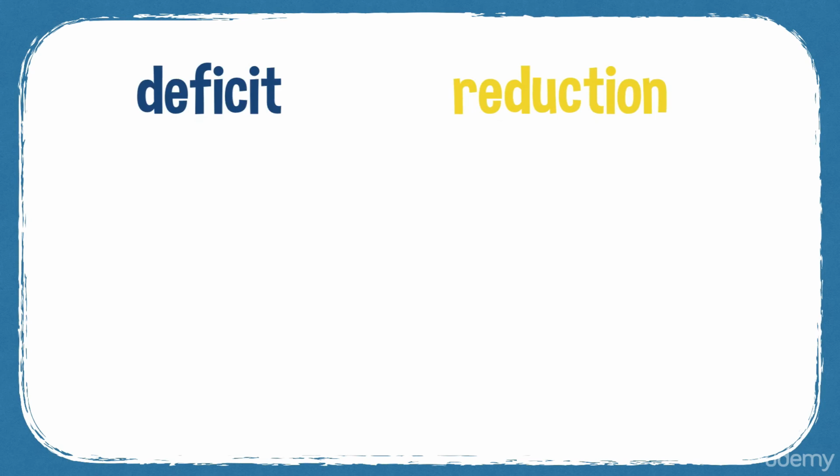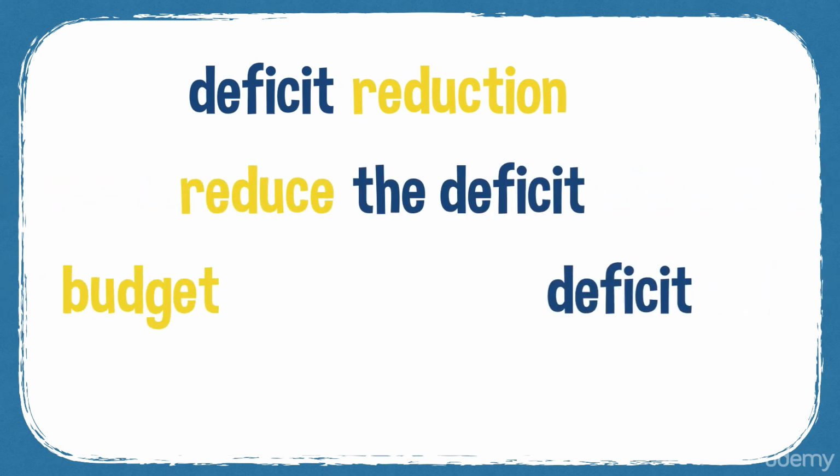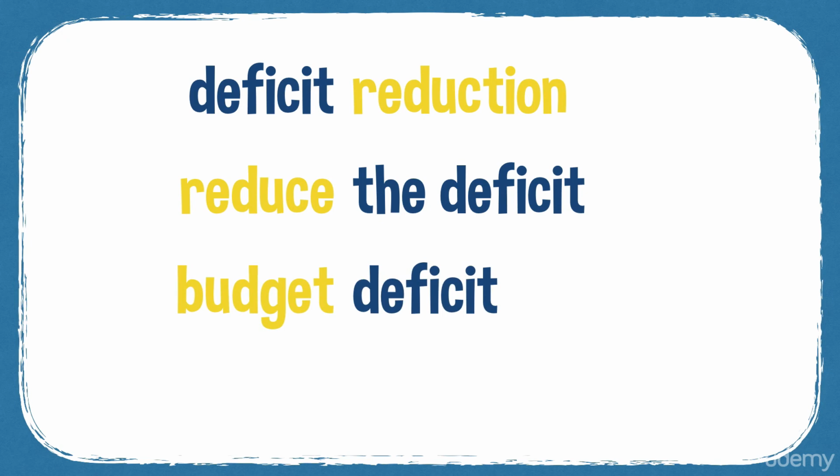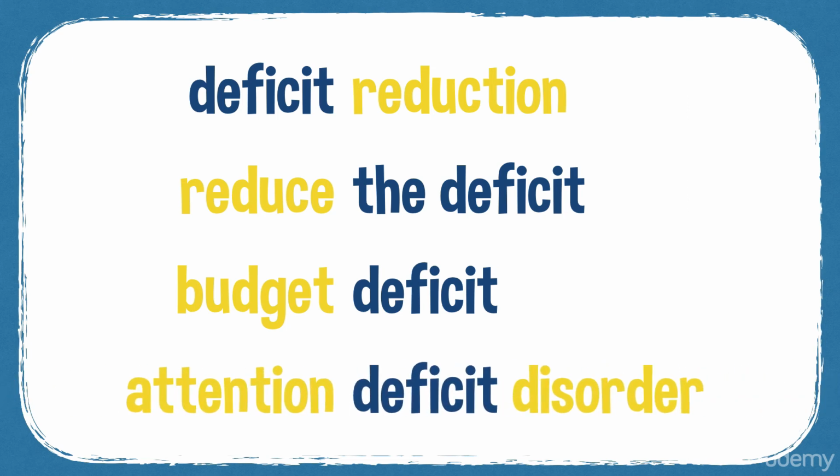We talk about deficit reduction, reduce the deficit, a budget deficit, but also we can use the word deficit more generally. So here's an example of something that some children have in school when they don't have enough attention, when they can't concentrate in class. They have attention deficit disorder. They don't have enough attention.